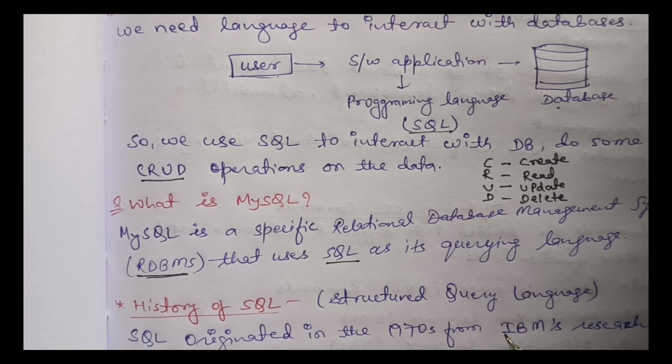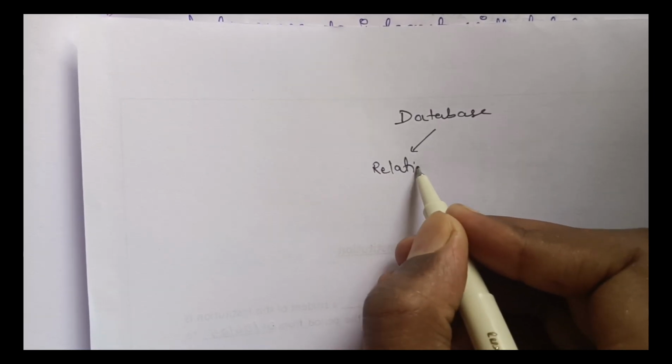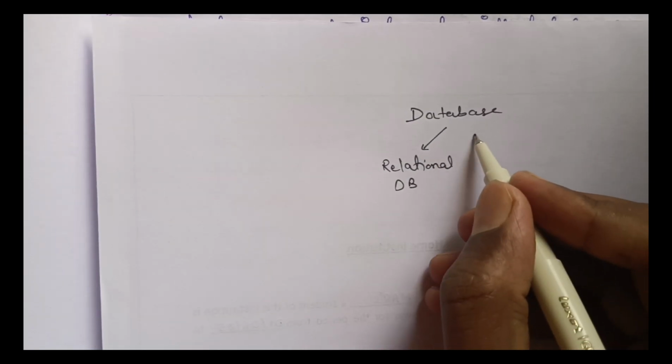We know that a database is divided into two parts. The first one is the relational database, and the second one is the non-relational database.